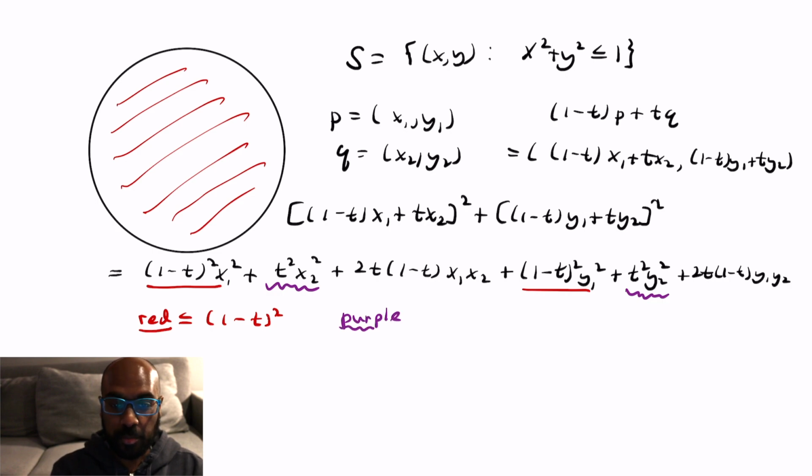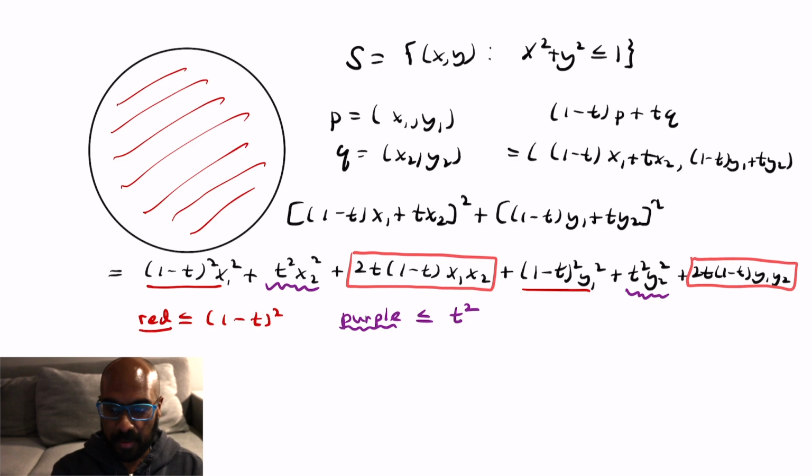So the squiggled purple parts are going to be less than or equal to t squared. But then we have all of this other stuff, and it's not clear what to do with it. It's all of this stuff that's in the boxes right over here. So we have these two t times (1 minus t) terms, but it's unclear what to do with the x1 x2, y1 y2 part.